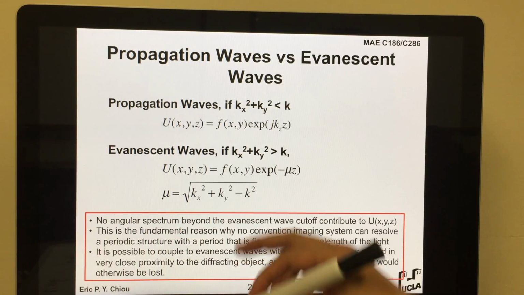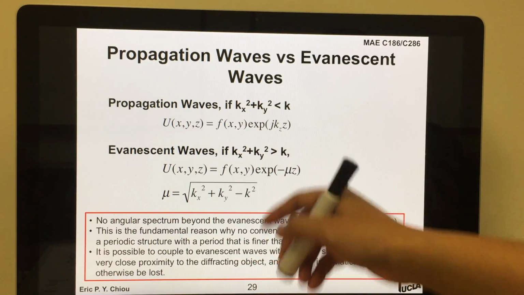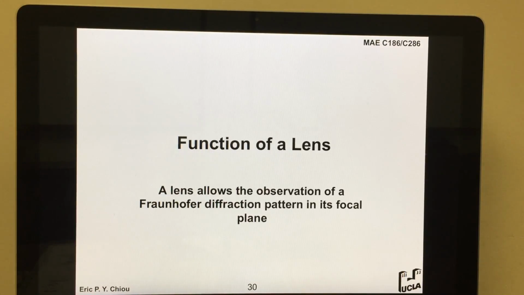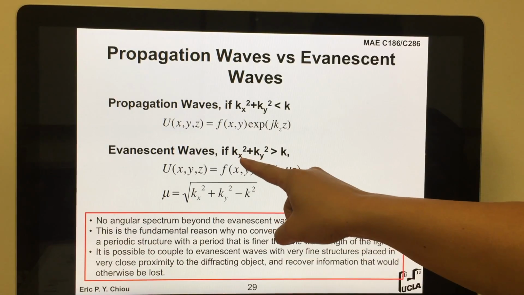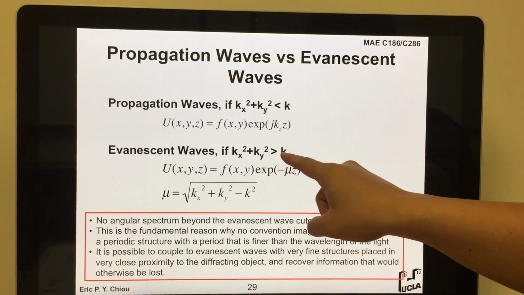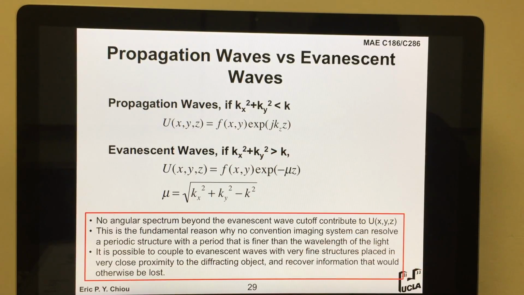This shows that if you have an object with very fine, high resolution patterns, that will require a spatial frequency larger than the k vector to reconstruct. What happens to those patterns?